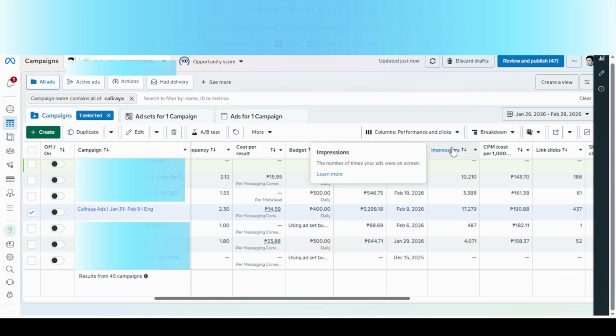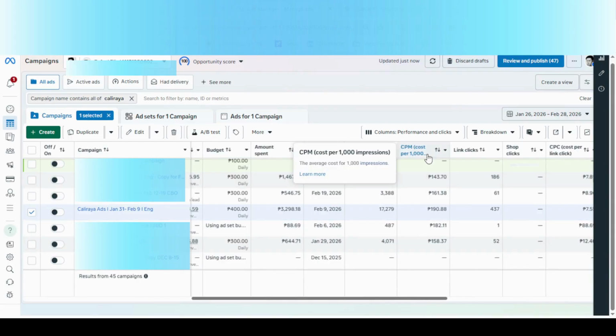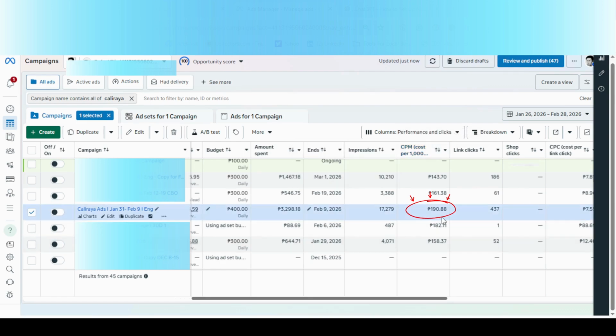It's the number of times your ads were on screen. The cost per 1,000 impressions is 190.88. The average or benchmark in the Philippine market is 120 to 350 pesos, so our CPM here is within the benchmark.